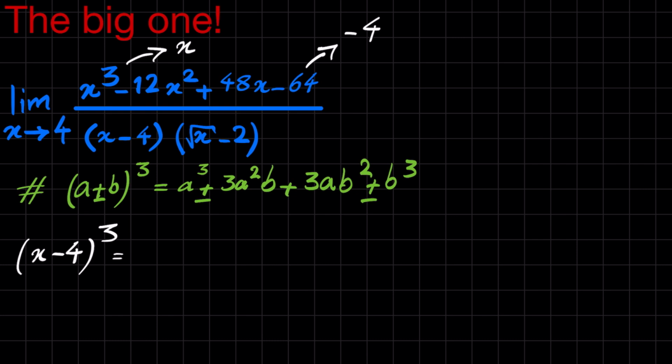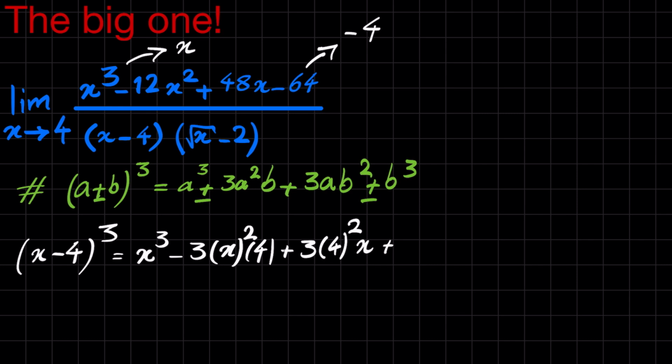So it's going to be x cubed minus 3 times x squared times 4 plus 3 times 4 squared times x minus 4 cubed, so this is going to be minus 64.